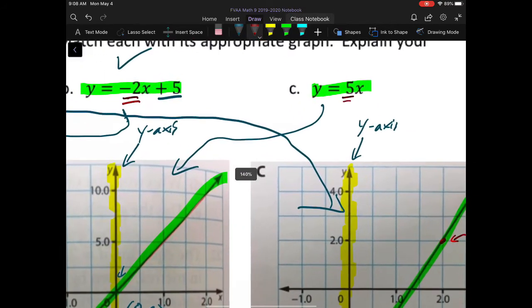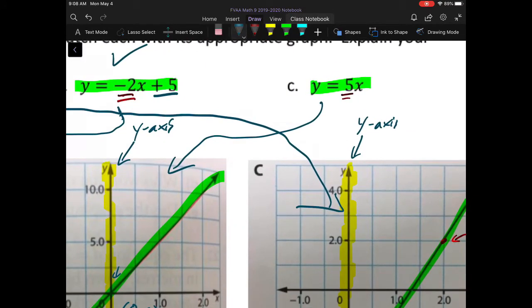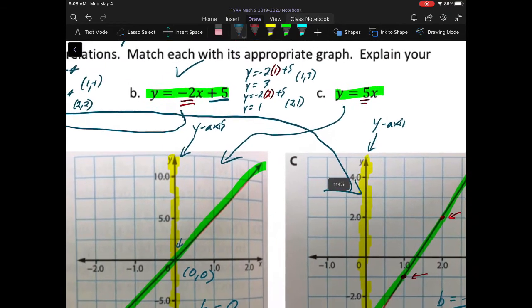Same thing with this one. I'll just use 1 and 2 again. Negative 2 times 1, plus 5. Y is equal to 3. So 1 and 3 should be a point. And y is equal to negative 2 times 2 plus 5. Y is equal to 1. So 2 and 1 should be a point on this graph here.